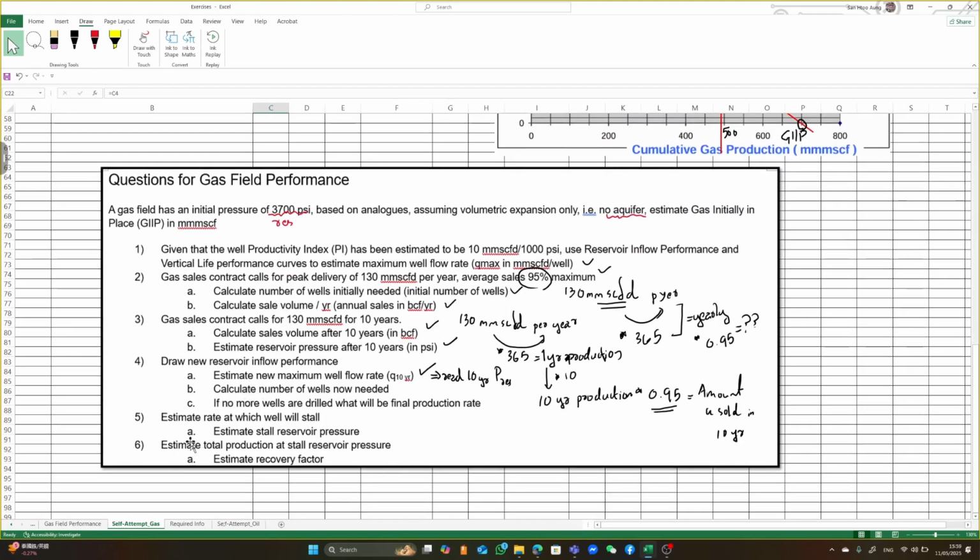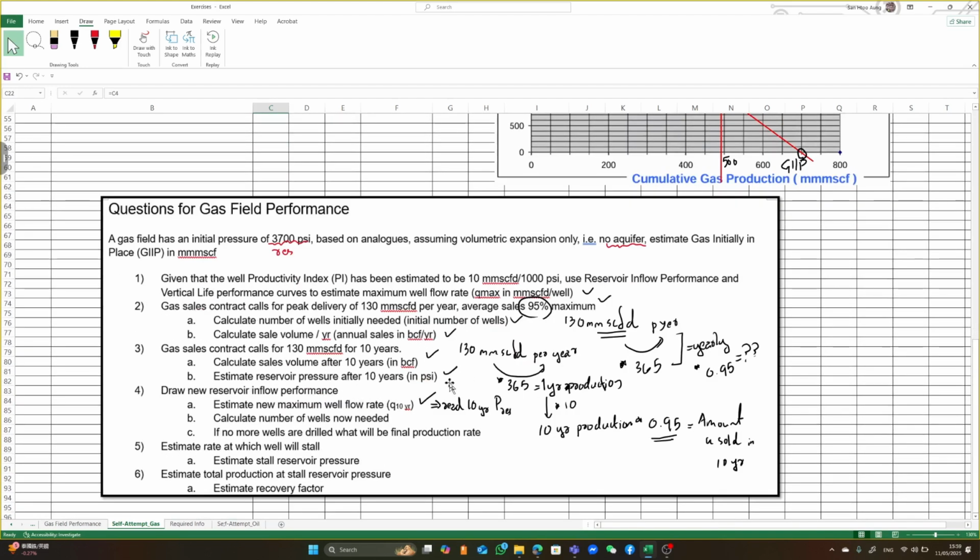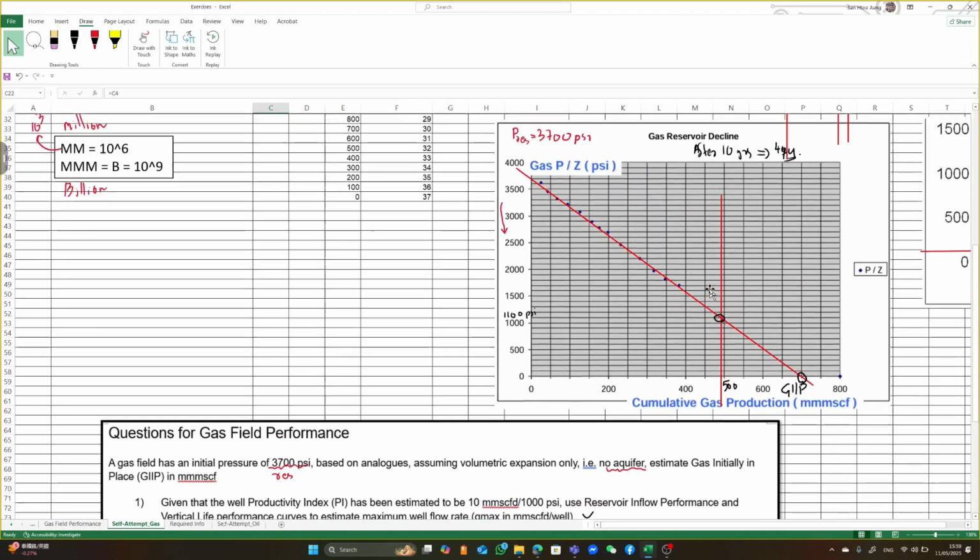So it said estimate the total production at the stall reservoir pressure. Okay, so it wants us to estimate the total production if we are going to produce at the stall reservoir pressure. So what do we need to do?